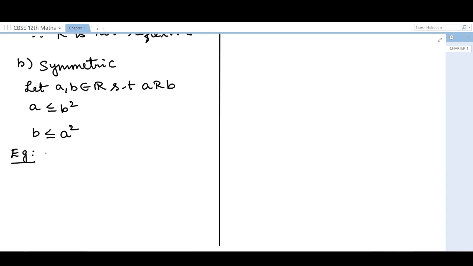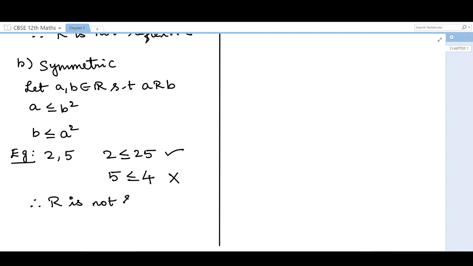For example, let us take two real numbers, say 2 and 5. 2 will be less than or equal to 5 square, that is 25. If we consider B less than or equal to A square, then 5 must be less than or equal to A square, that is 4. But 5 less than or equal to 4 is not true. Thus, A related to B does not imply B related to A in this case. So in general, what we could conclude is this relation R is not symmetric.